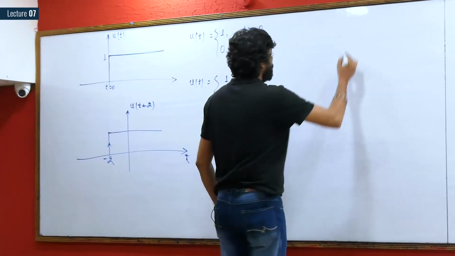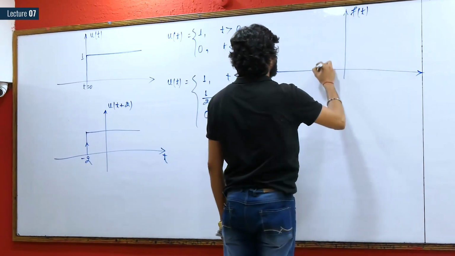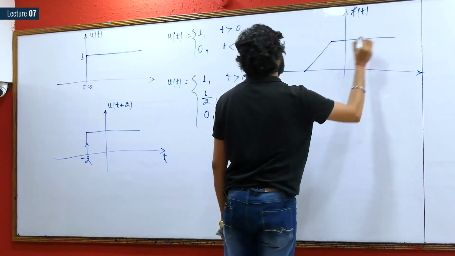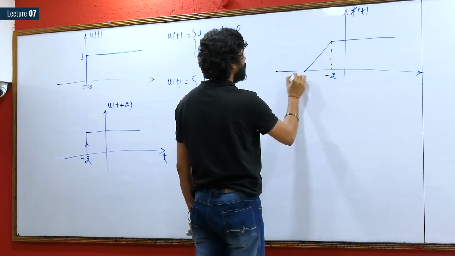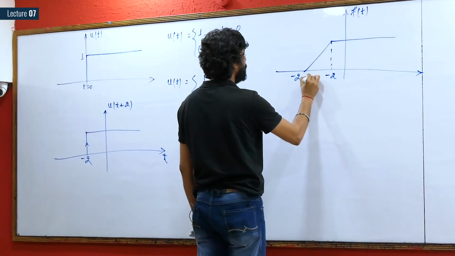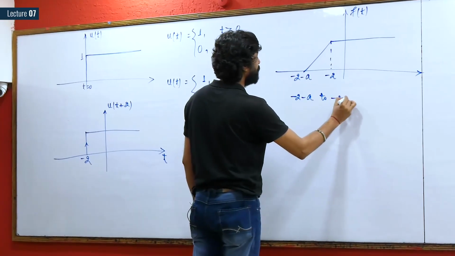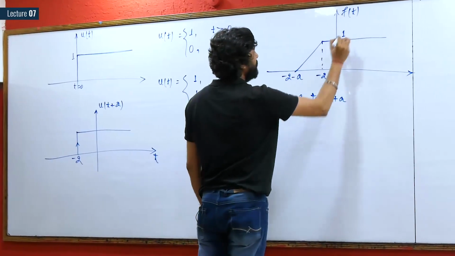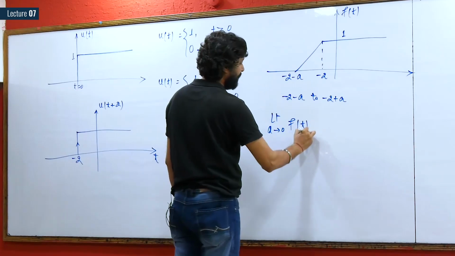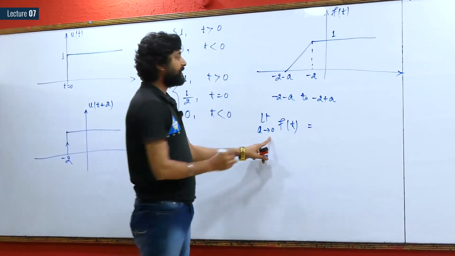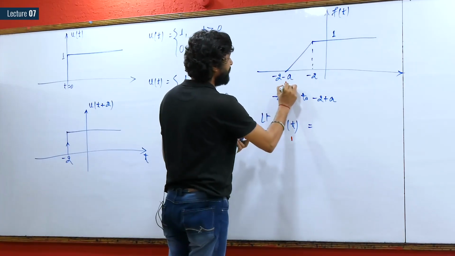So let us say any function is given to you as f of t having values like this, where this point is minus 2 minus a and this point is minus 2 plus a, and let the value be 1. If you have to find the limit as a tends to 0 of f of t, the width of this transition period, when the signal is changing from 0 to 1, is a.